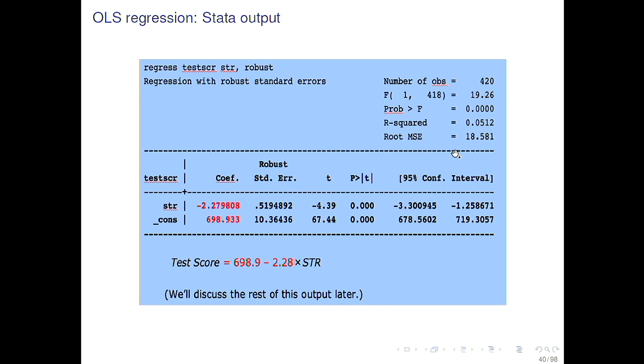This regression line doesn't do a very good job to explain the data. And RMSE is the standard deviation of residuals. That turns out to be 18.581. And the unit for this is the same as the unit for the test score.